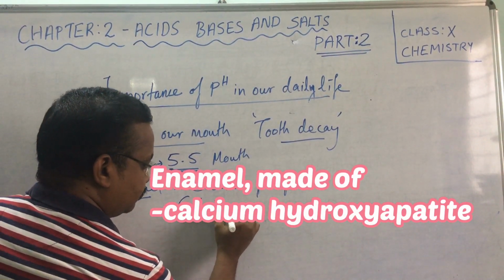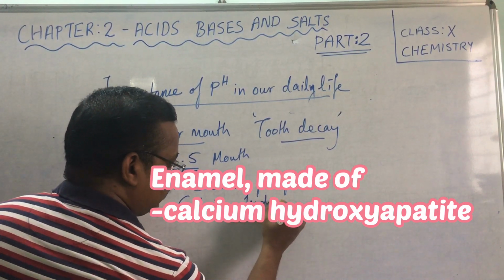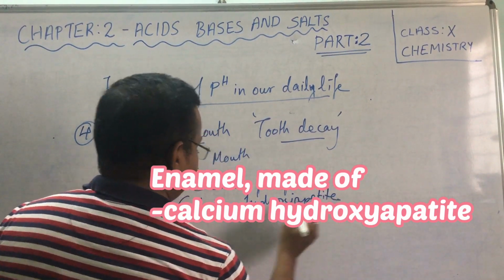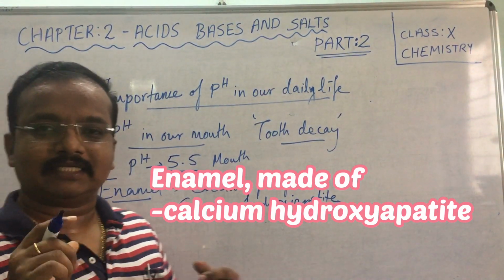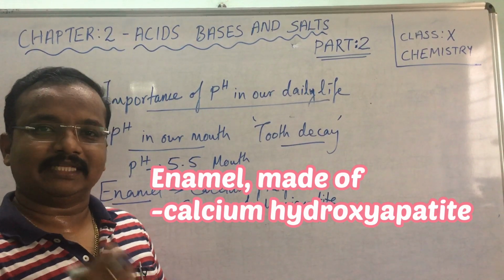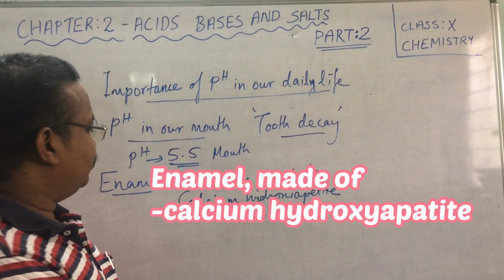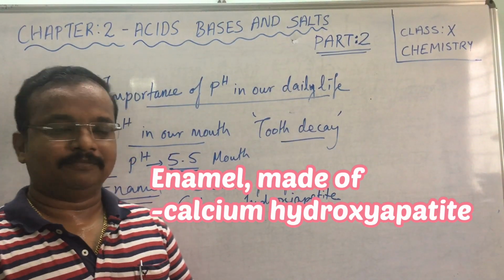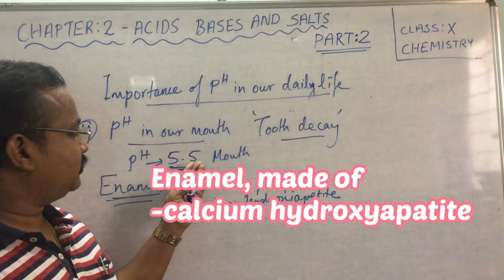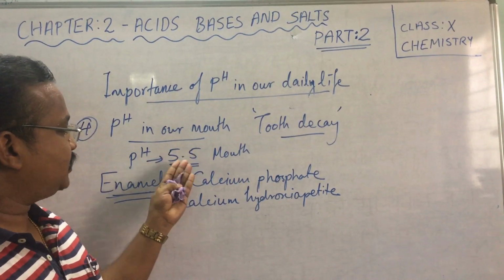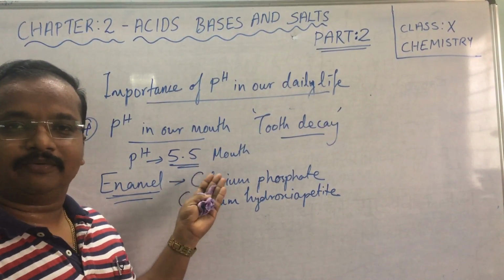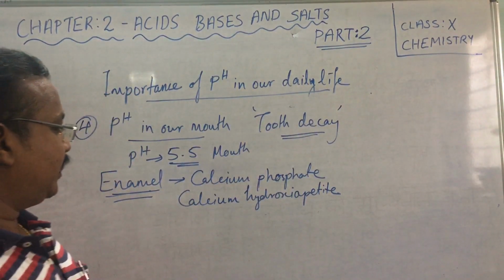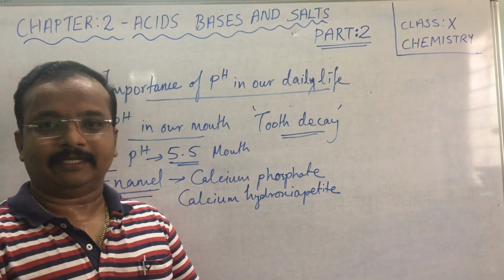This is the hardest substance present in our body; tooth enamel consists of calcium hydroxyapatite. Now when the mouth pH goes less than 5.5, it causes decay of this enamel, which causes tooth decay.